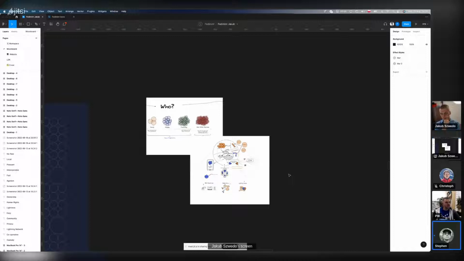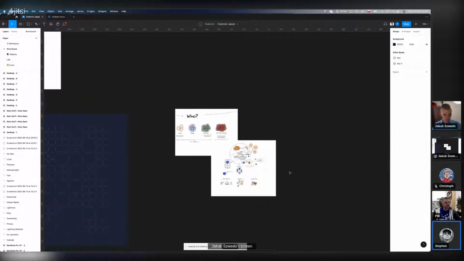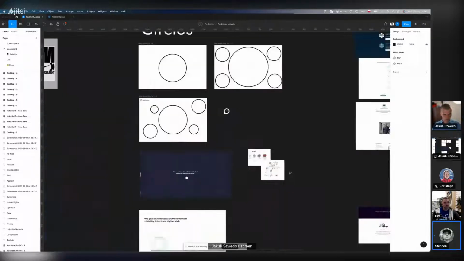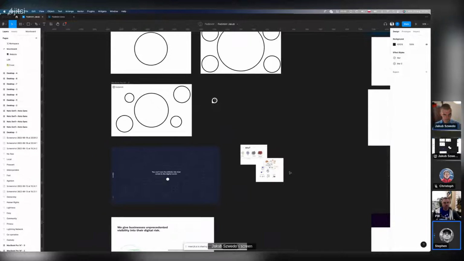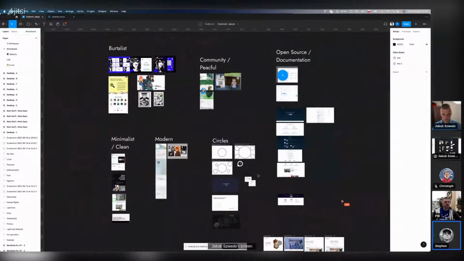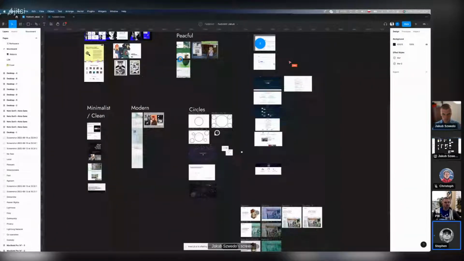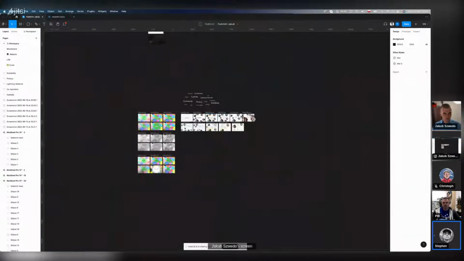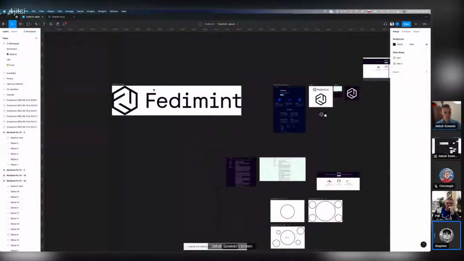And what you're doing with the circles, just from an aesthetic perspective, my thought is that the Fedimint group has already settled on a logo that's a cube, you look at it and it looks like a diamond from one angle, but it's really a cube made out of F's. So it seems to be the logo they're adopting.